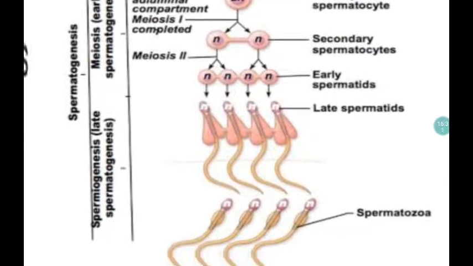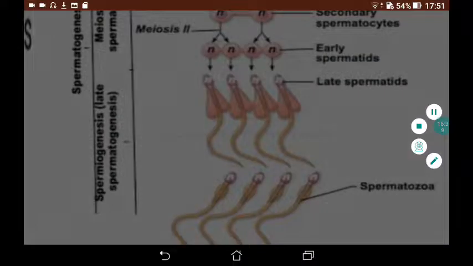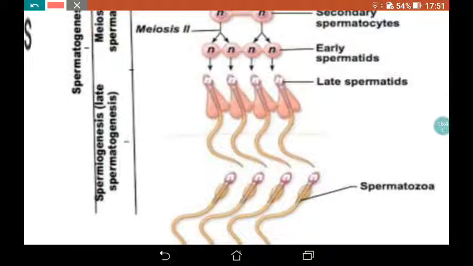So now just look at the difference between the spermatids and the spermatozoa. What you find in the diagram is that during this, which is called spermiogenesis, the large amount of cytoplasm that was present has reduced. So here you find that the amount of cytoplasm is less.